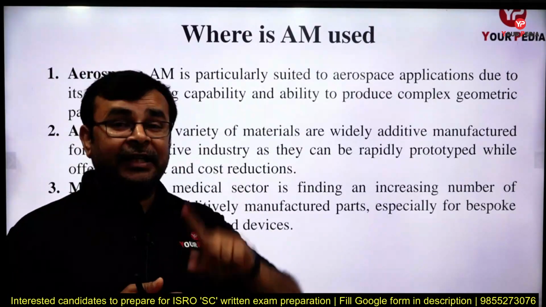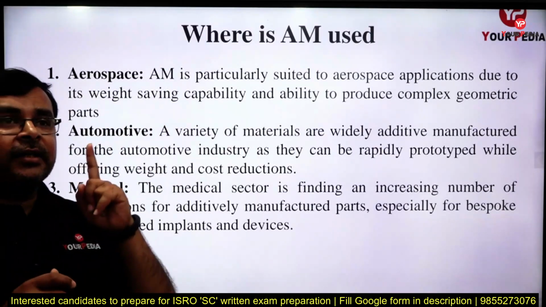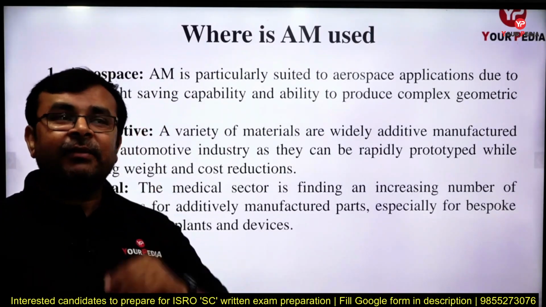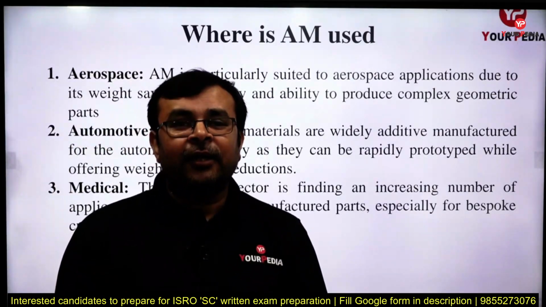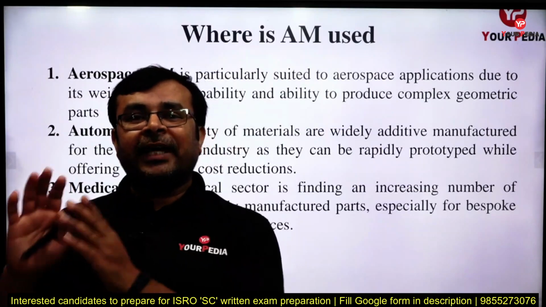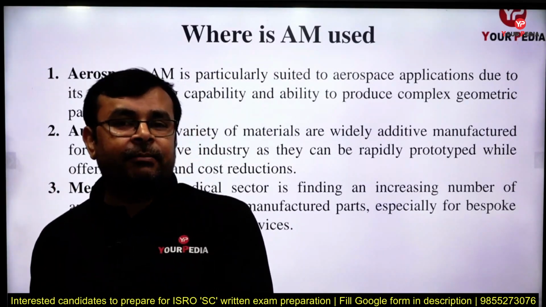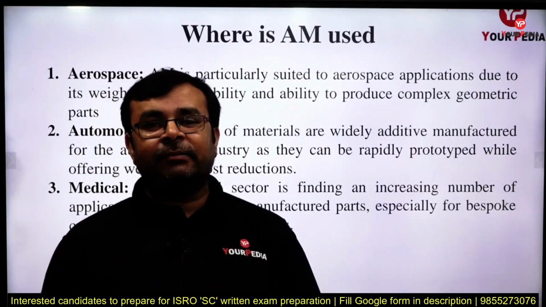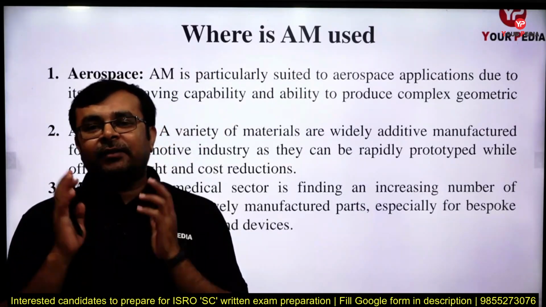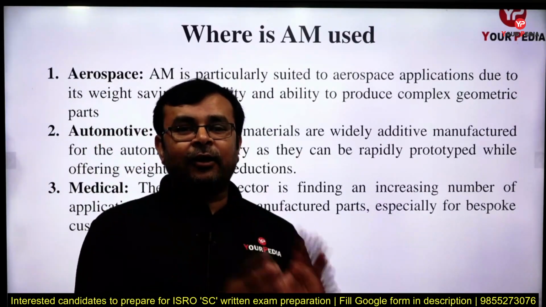Weight saving is one of the biggest advantages of this process. With the help of additive manufacturing we can also make materials used in very high temperature applications, that is FGM, functionally gradient material. This is one of the biggest advantages of this process. That is why this technology is extensively used in the aerospace industry.